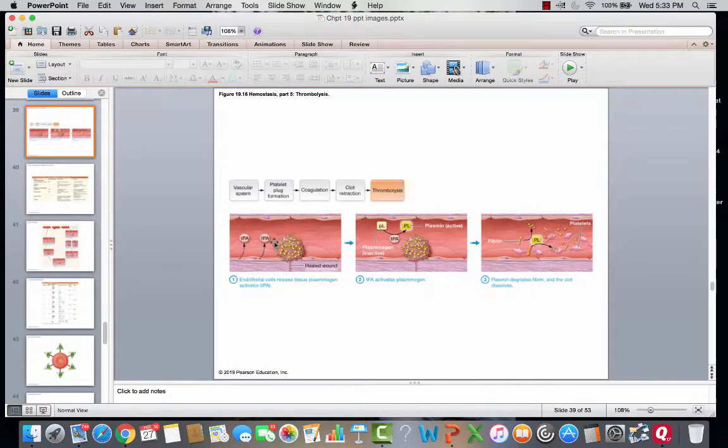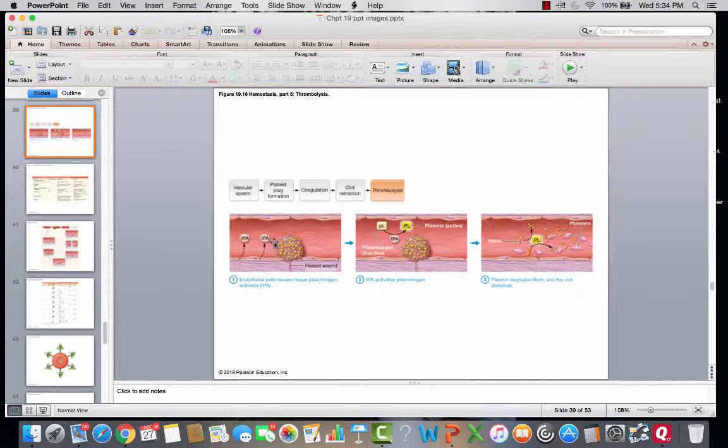So that's what TPA is, tissue plasminogen activator. Problem with this is we have to make sure that there's no breaches in blood vessels. If there's a breach in the blood vessel and the patient is bleeding, we can't administer TPA because that bleeding will be enhanced, and that particular treatment we can't use for that patient.